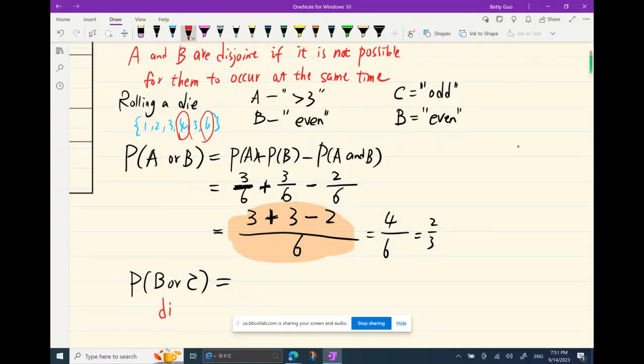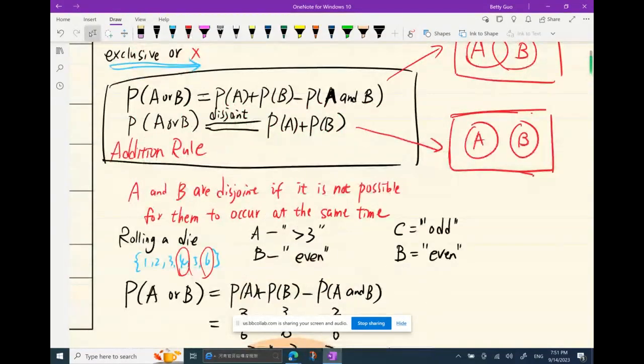We already agreed they are disjoint, right? Then if they are disjoint, we use the second formula. Look at the two formulas. What's the difference between them? On the right side, the only difference is that the second formula does not have this term.